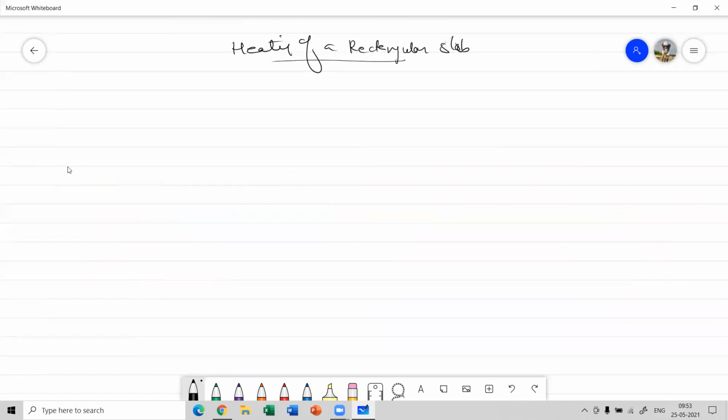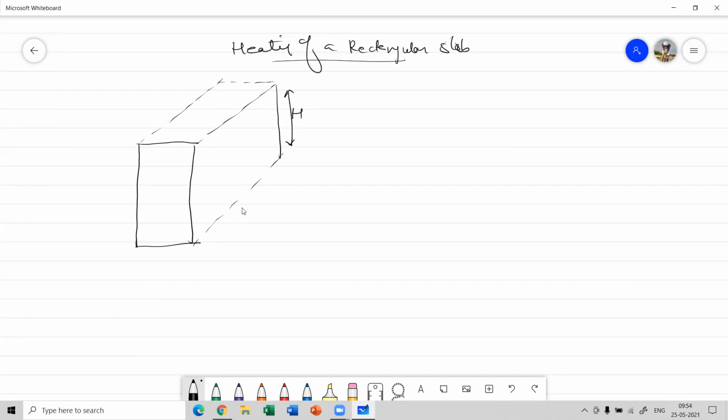Now consider a rectangular slab of thickness 2L. I'll just make a figure of it. Let's say this is the rectangular slab. Let's say the height of the slab is h, the width is w, and the thickness is 2L.